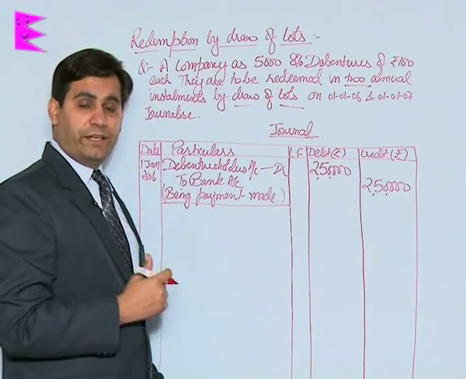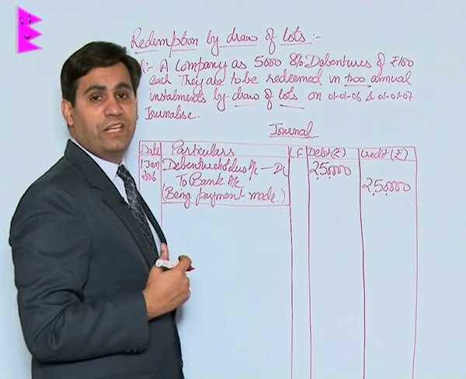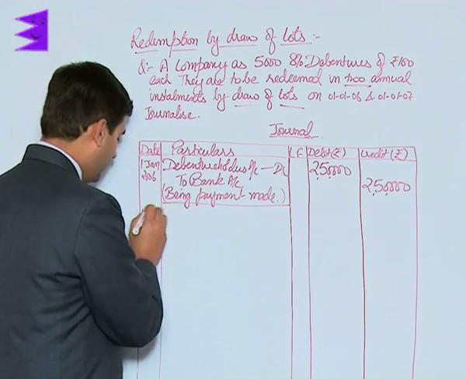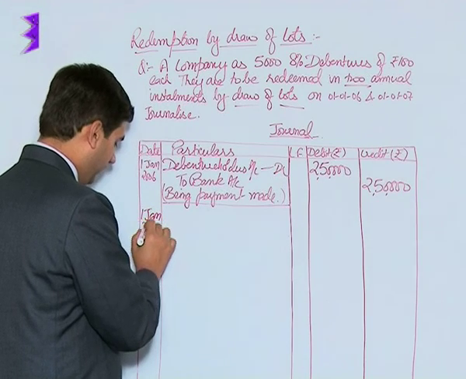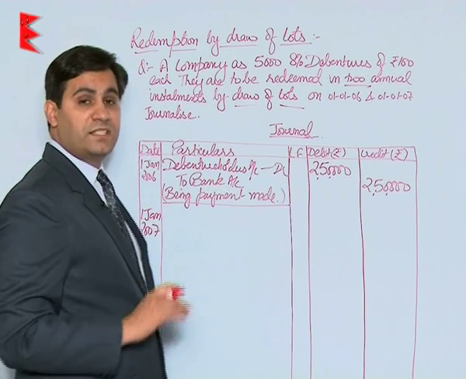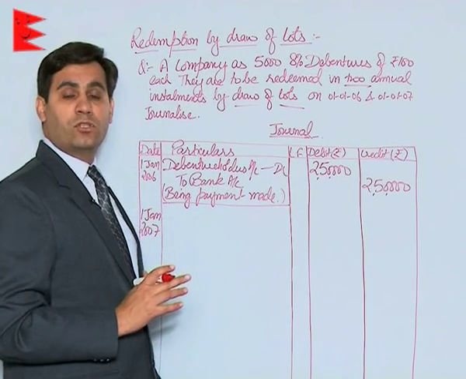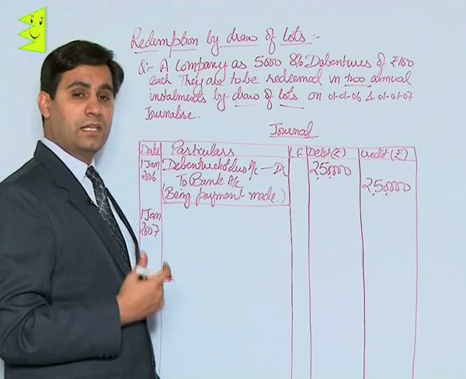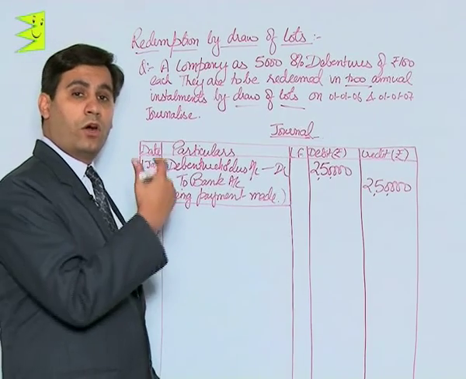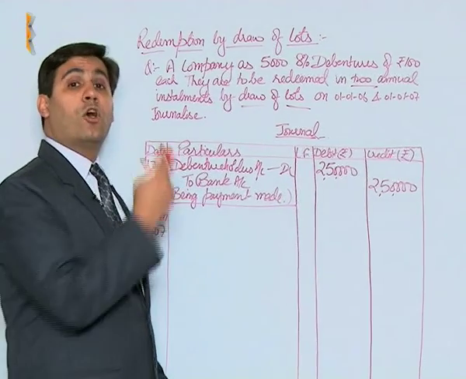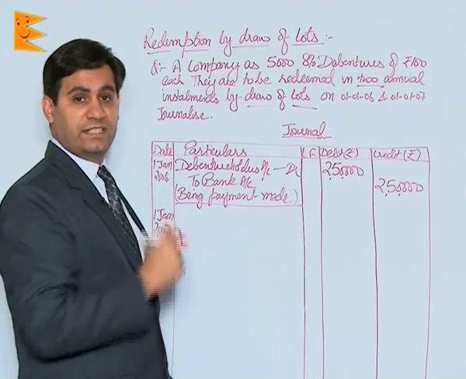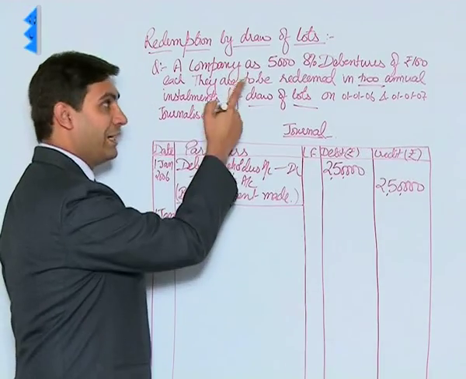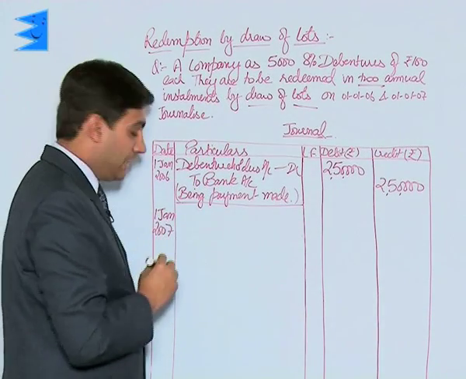Now in next year, the remaining lot of 2,500 debentures are to be redeemed. So on 1st January 2007, remember on this date, there is no need for creation of debenture redemption reserve, as we had already created a DRR equal to 50% of the face value of debentures to be redeemed on the first date in the first year itself. So simple entry would be for making 2,500 debentures due for redemption.